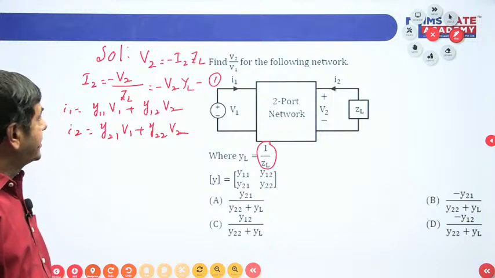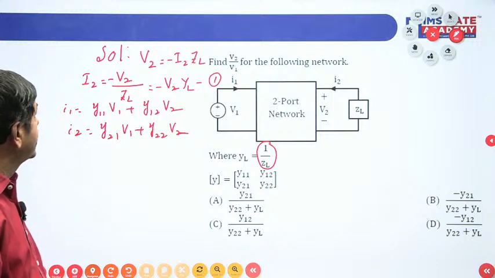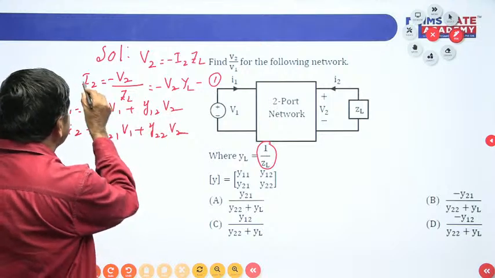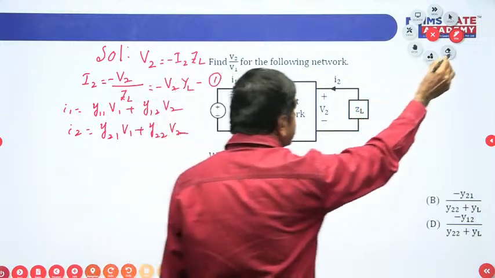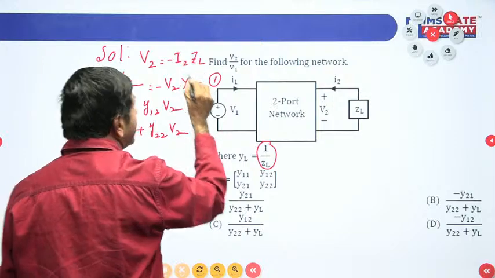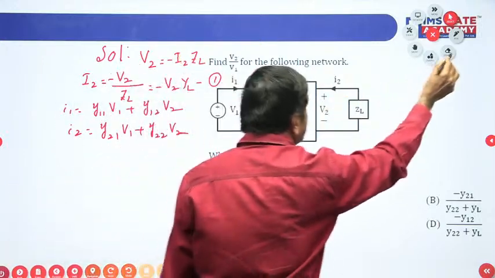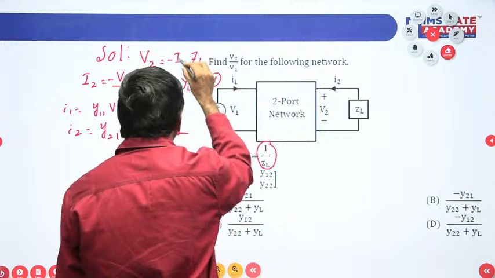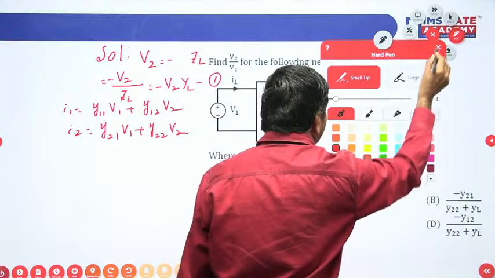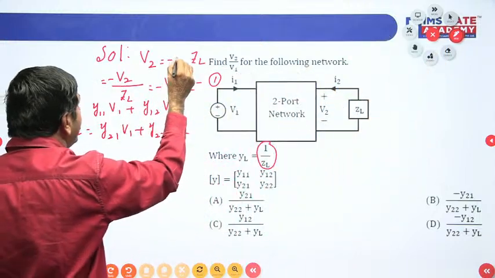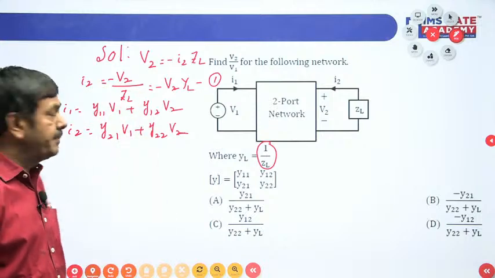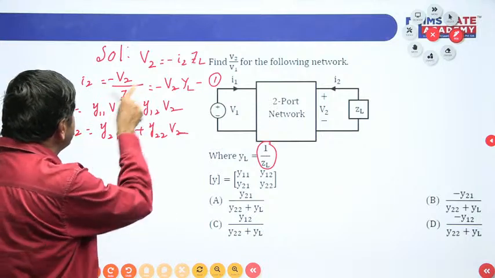Here the capital I2 is used, but we can put a small i2 here, because in the question it is given as small i2. If it is given as small i, we can use that. This is also small i2. I have taken the same i2 because I already used small i2 here.